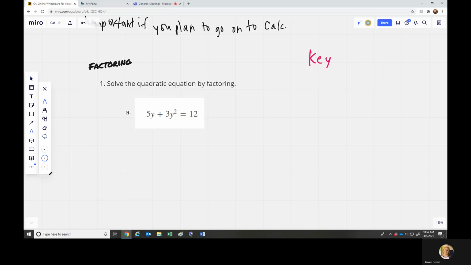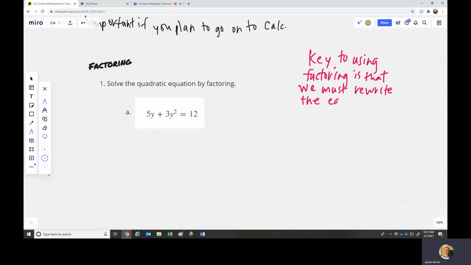The key to using factoring, or really any of the first 3 methods, or excuse me, methods 1 and 3, I would say, the key to using factoring is that we must rewrite the equation so that 0 appears on one side by itself.